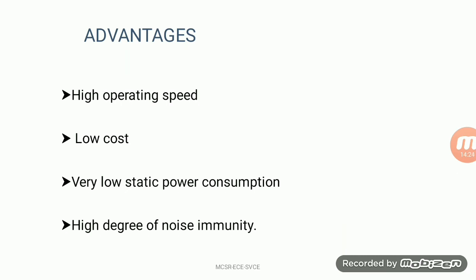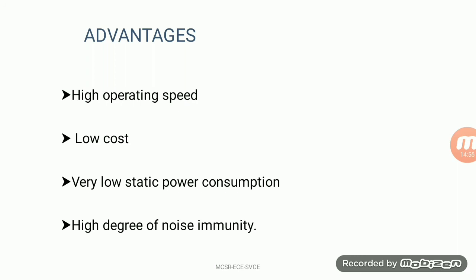Now, what are the advantages of CMOS compared to NMOS and PMOS? Mainly the following advantages are available in CMOS: high operating speed, low cost, very low static power consumption, and a high noise margin.